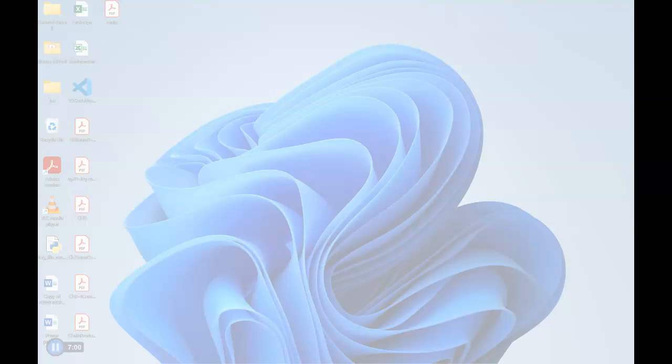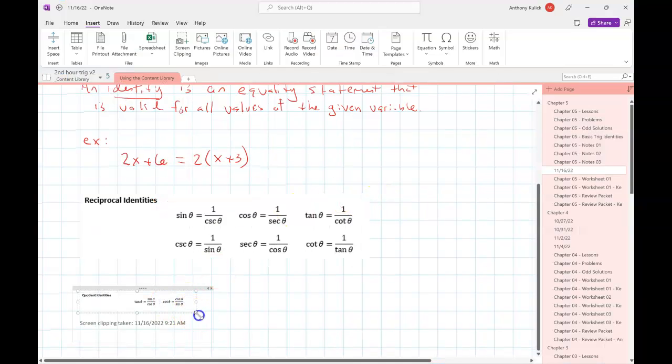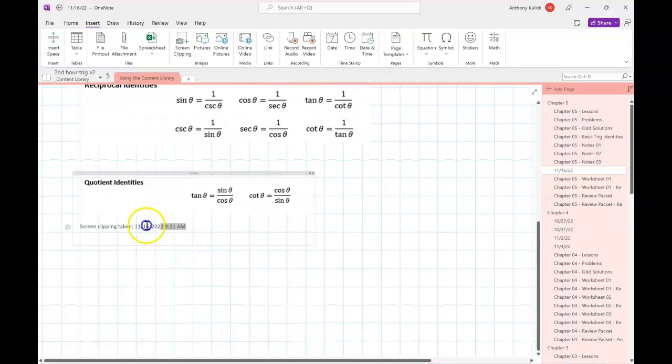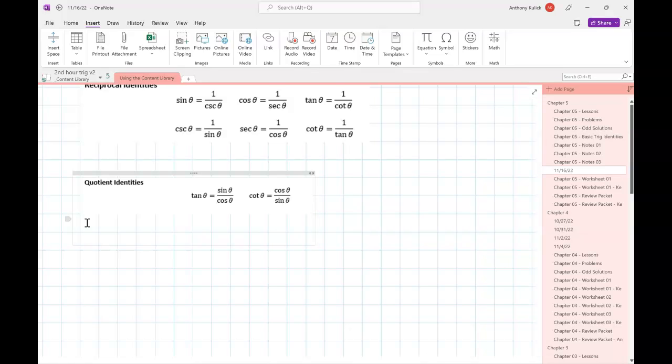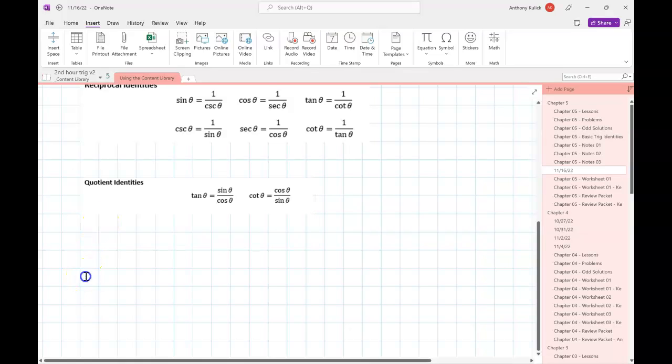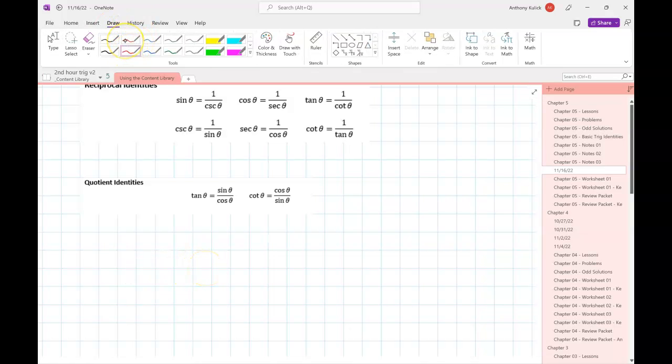We call these the quotient identities. That tangent is sine over cosine, and then cotangent, which is the reciprocal of tangent, should be cosine over sine. We okay there?